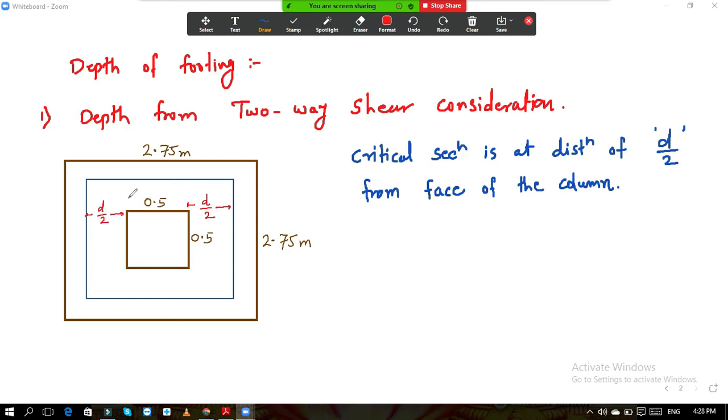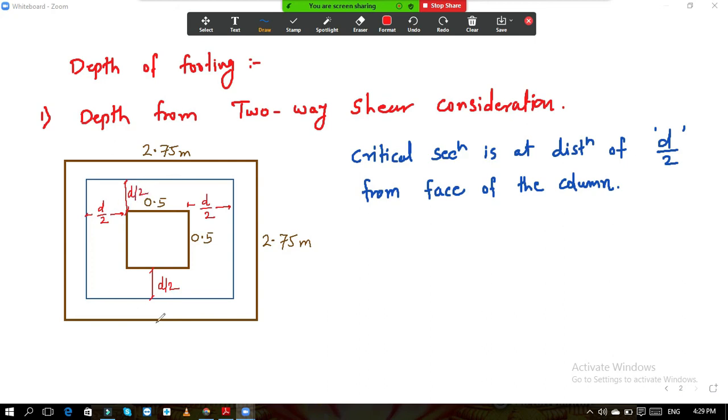At top also it is d by 2. At bottom also it is d by 2.